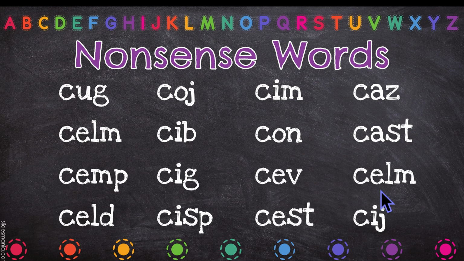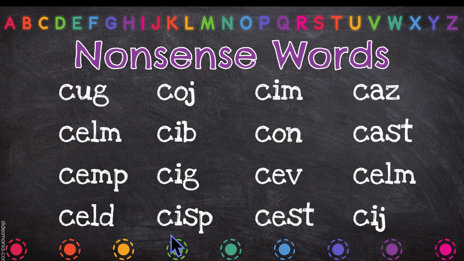Yes. So we try the second sound. S, elm, selm. Is this an E, I, or a Y? Yes. So we try the second sound. S, eld, seld. Is this an E, I, or a Y? Yes. So we use the soft sound. S.